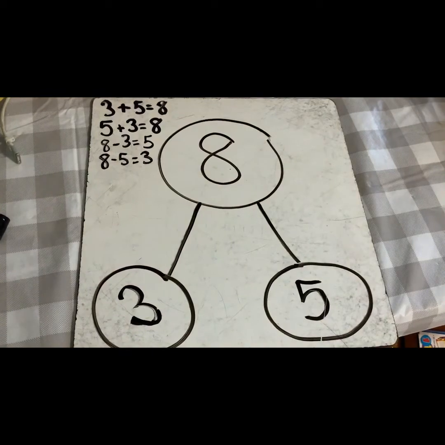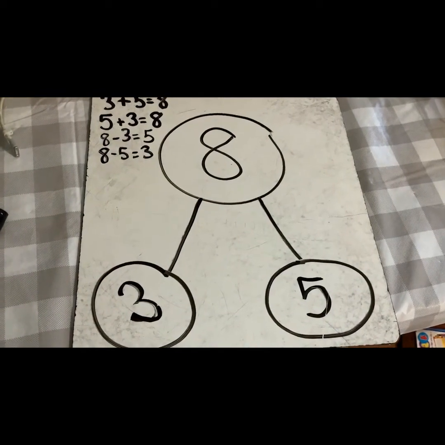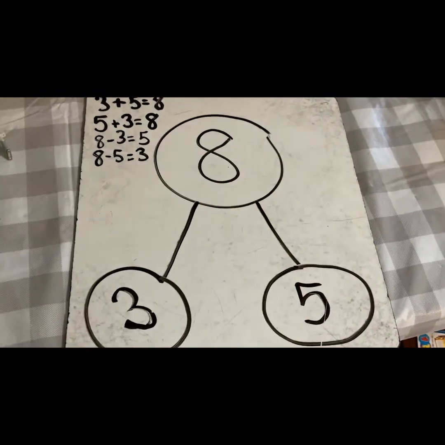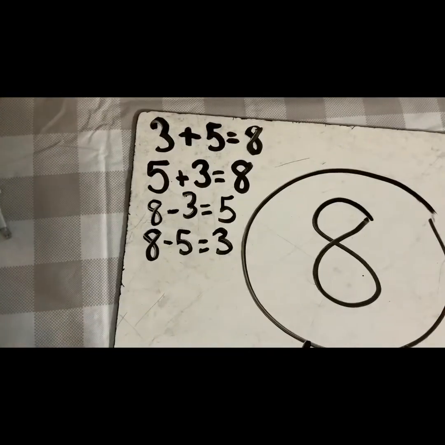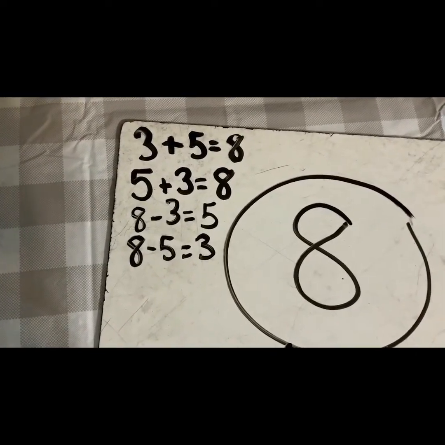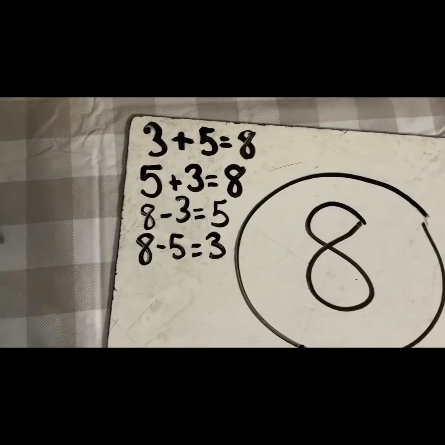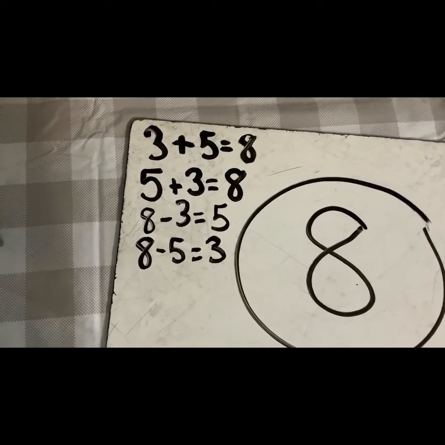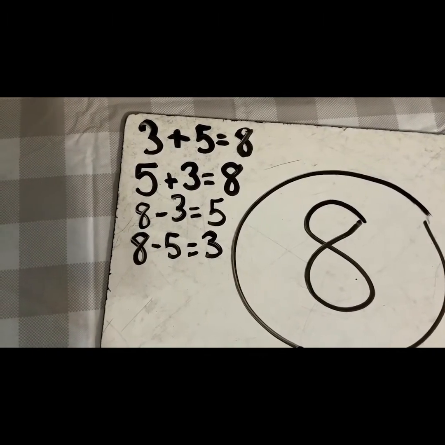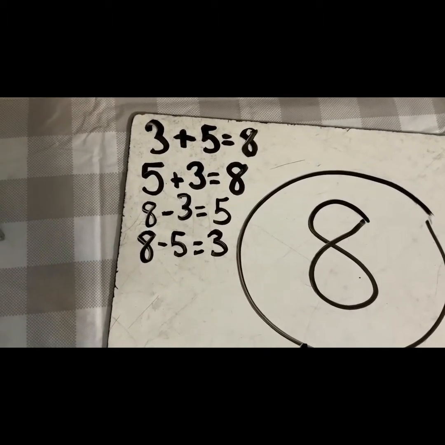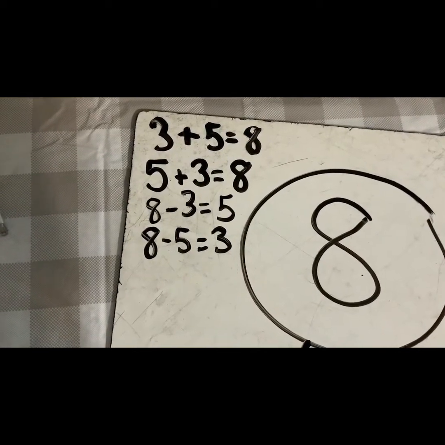So see if your parts, when added together, make that whole. When you have 4 equations, such as these, you've made a fact family. So today we're going to be practicing when given a number bond, how to create a fact family for that number bond.